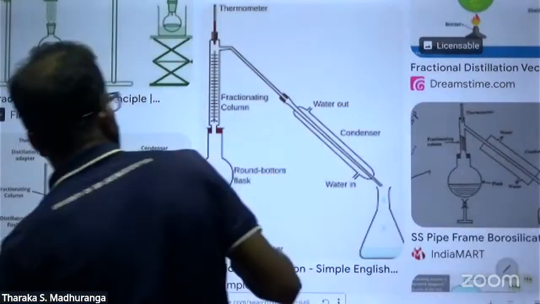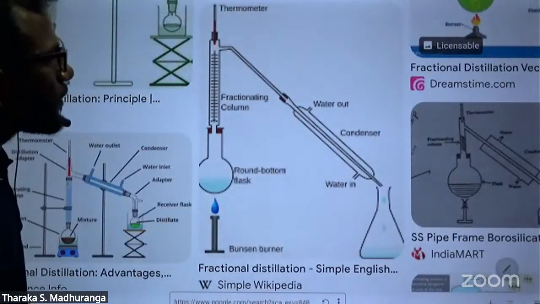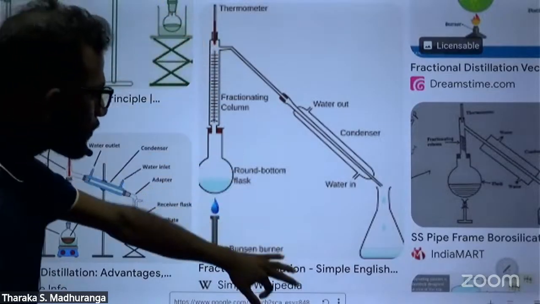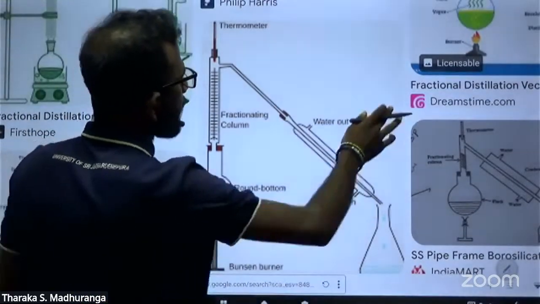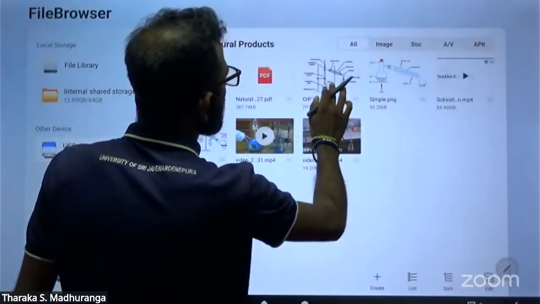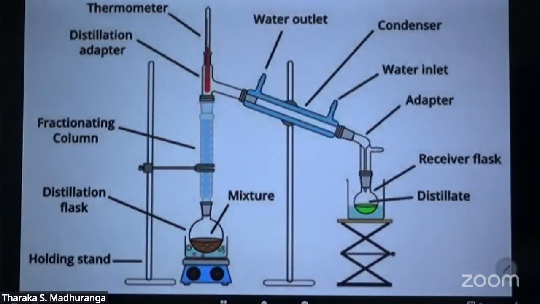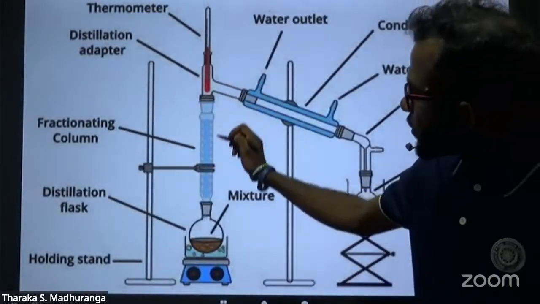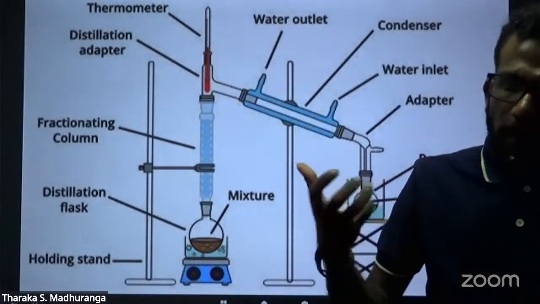After that, we need to heat, and there is a fractionating column. By this fractionation column, we can separate. Fractionate means separation.